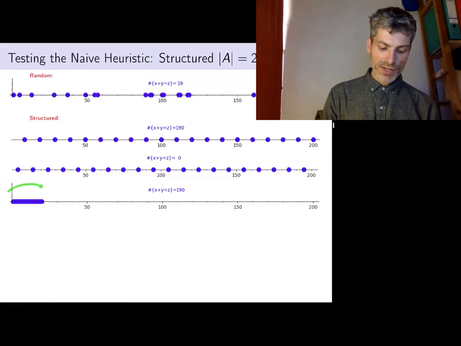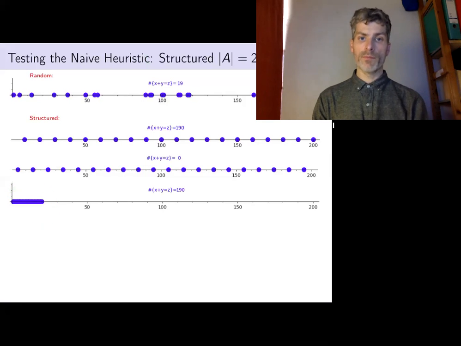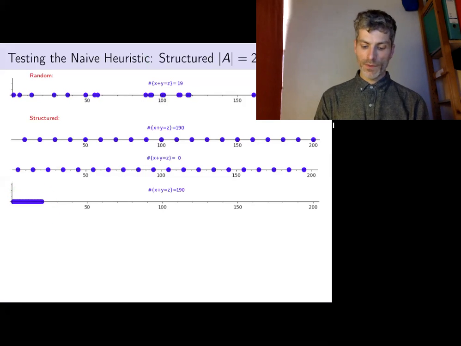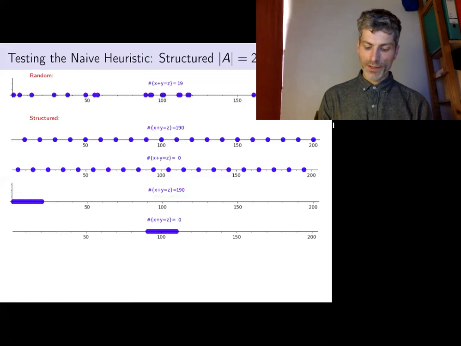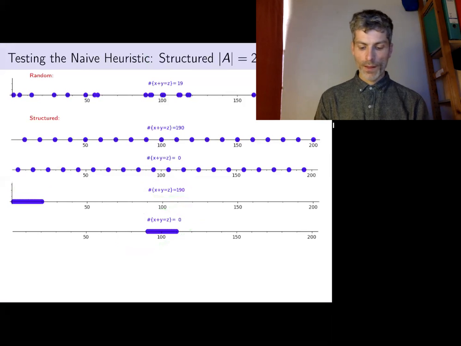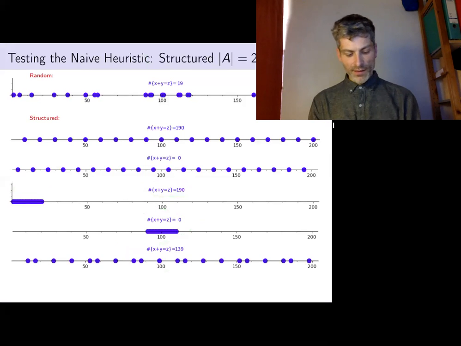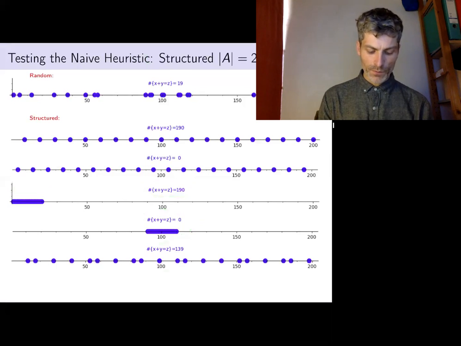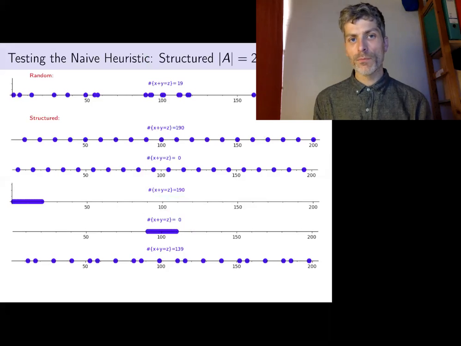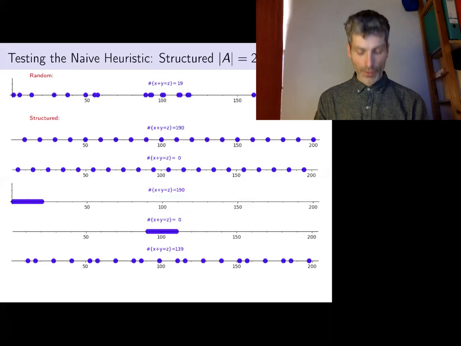Here's another structured set. The first 20 integers, a subinterval. And again, we get 190 solutions. You could choose a different subinterval and you get 0 solutions. Now, these sets are quite interesting. They look randomish, but there's some repulsion there and some regularity. So to me, this looks like an interleaved progression or a union of a few arithmetic progressions.